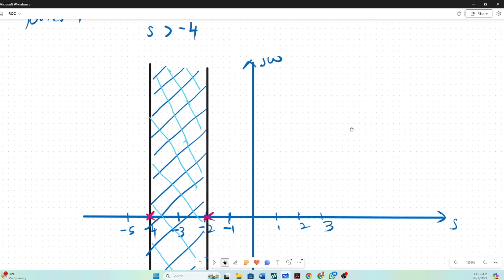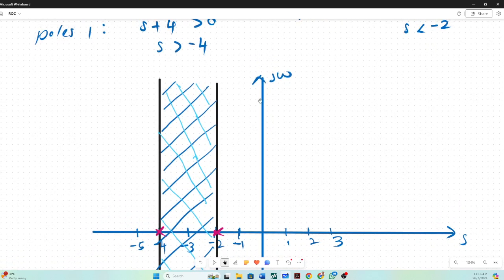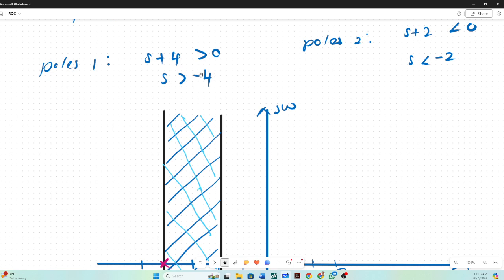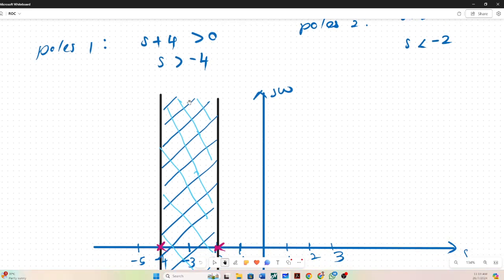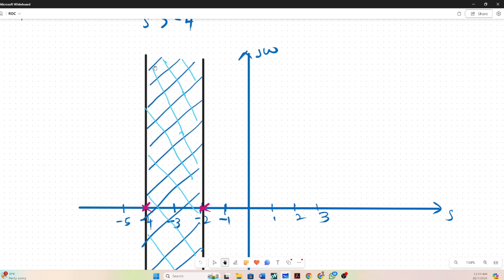Okay, we can draw the Laplace transform. The first element has a pole at minus 4, and the second element has a pole at minus 2. For the right-side signal, s is more than minus 4, so we shade to the right of the pole at minus 4.